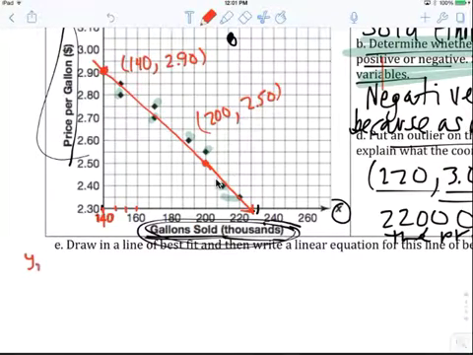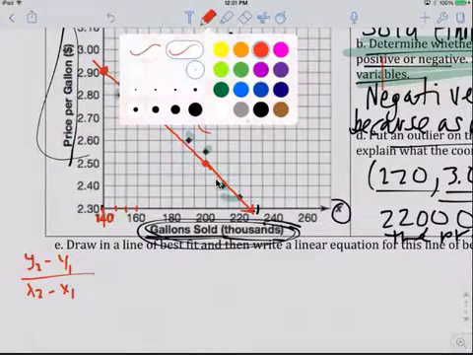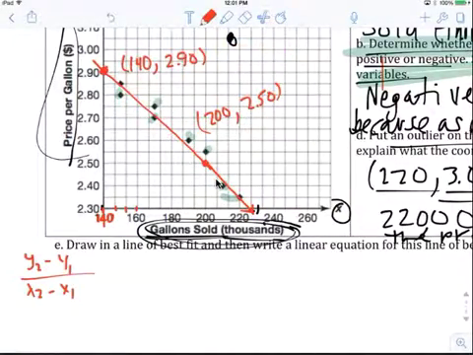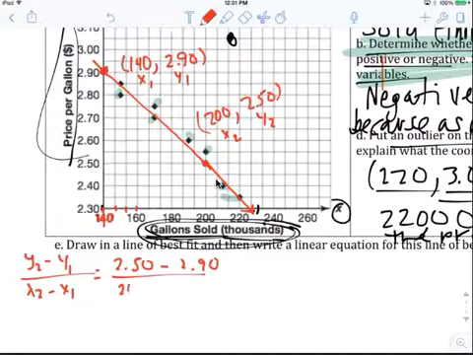Okay, you need to find a rate of change. You need to use y2 minus y1 over x2 minus x1. Then you do 250 minus 290 over 200 minus 140.